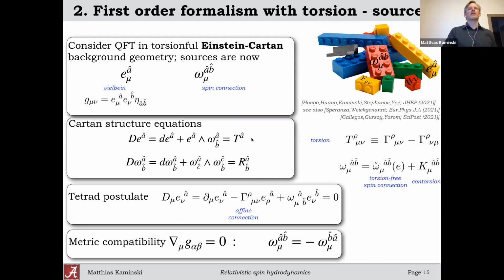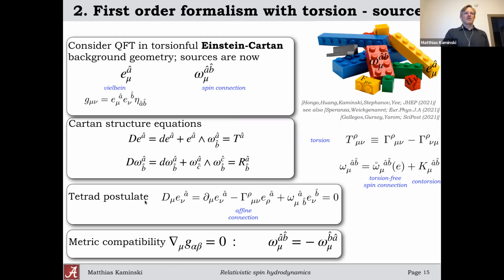That's one way, if there's torsion, to phrase this. Another equation, the second structure equation, is that for the spin connection, and it tells you that the covariant derivative of the spin connection has this piece as well, and it evaluates to the Riemann curvature tensor. And these are the two Cartan structure equations.